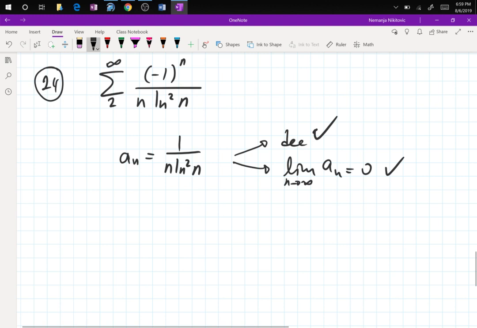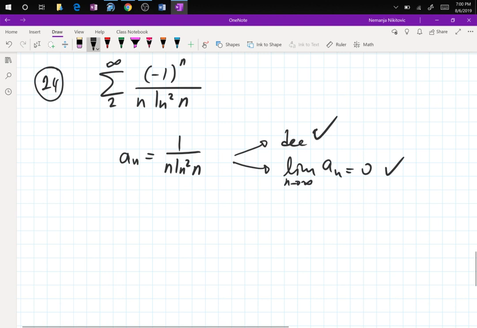So decreasing is immediately obvious. And then the limit, obviously, 1 divided by infinity is going to be 0. So we already know this is on a convergence branch.